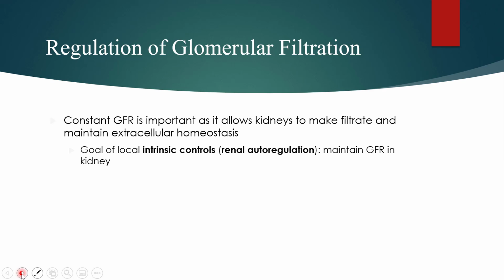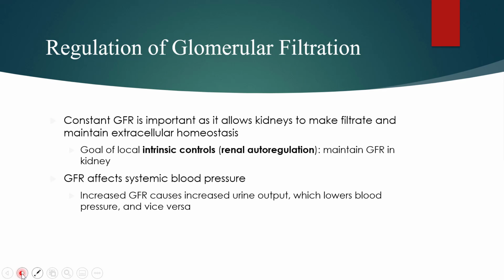The goal of local intrinsic control, which is renal autoregulation, is to maintain GFR in the kidney. GFR affects the systemic blood pressure. Increased GFR causes increased urine output, which lowers blood pressure, and vice versa.